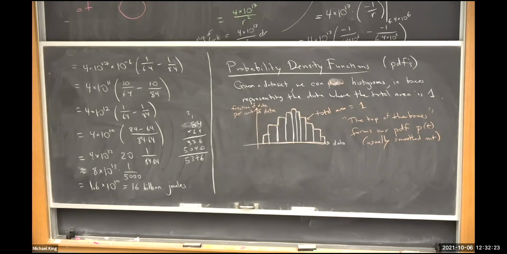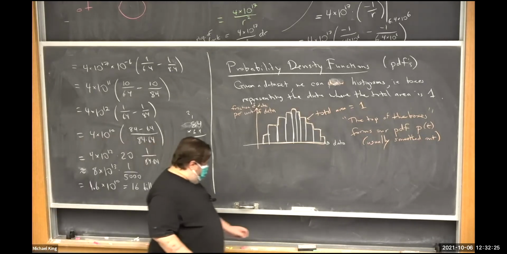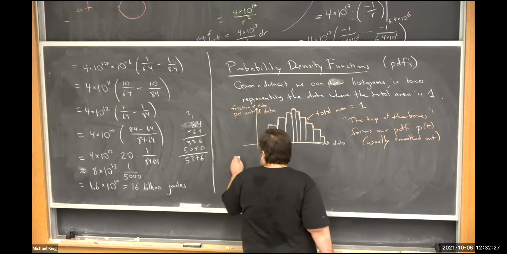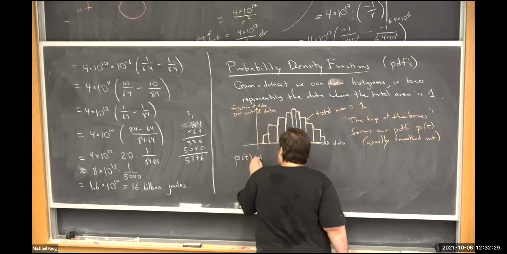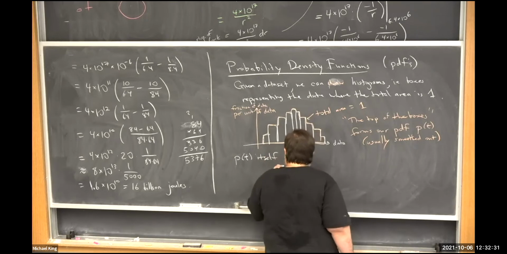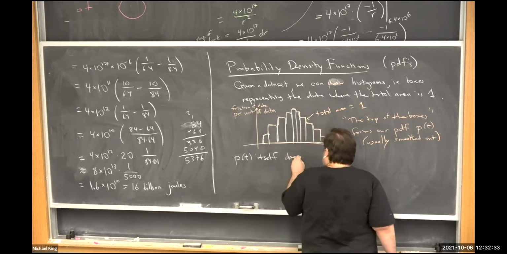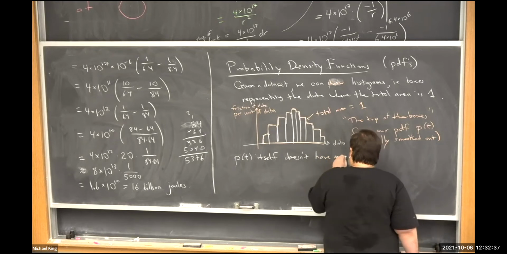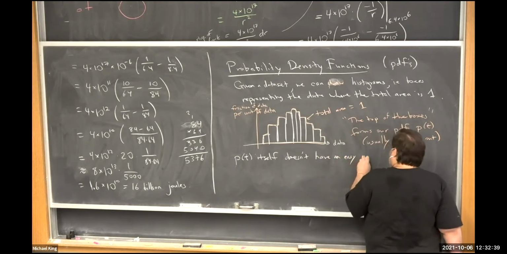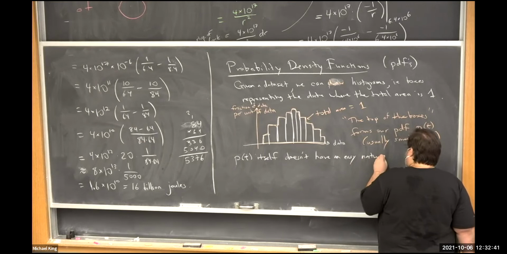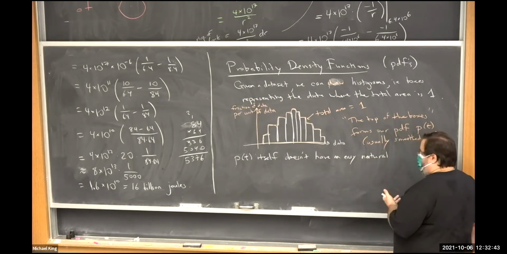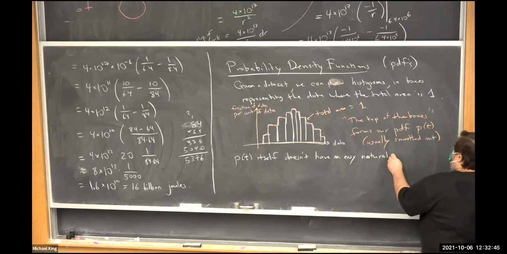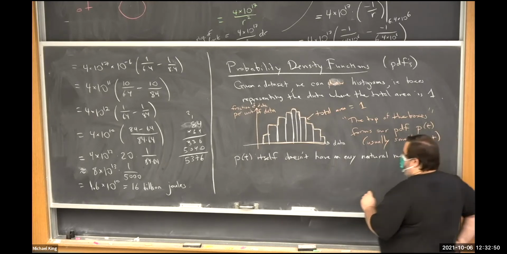Okay. So P of t itself doesn't mean a lot. It doesn't have an easy, natural meaning. It's just a weird thing. We're used to functions having meanings, like functions in applications. But here it's more like P of t times delta t.